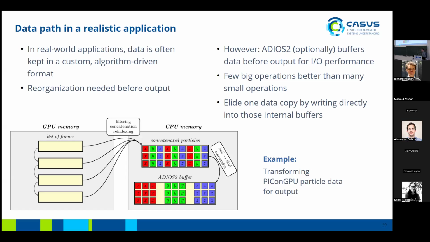And we can do that because, on the other hand, if we look at how I/O libraries optimize I/O, there is one very simple trick that already probably gets you 90% of what you can get from I/O performance. The simplest trick is really: you need to do few operations, and those operations need to be big. So you tell the file system, okay, here are 5 gigabytes of data, deal with it.